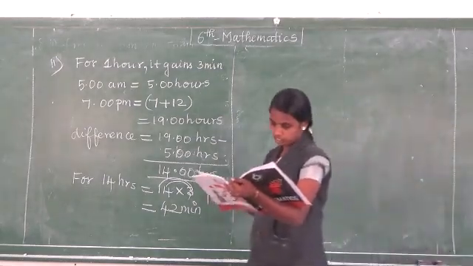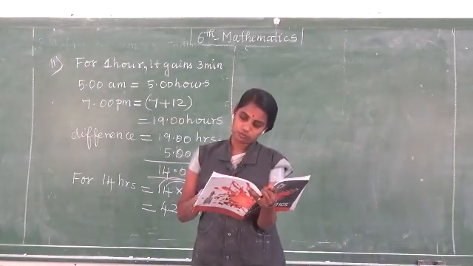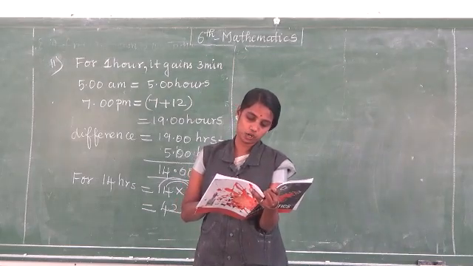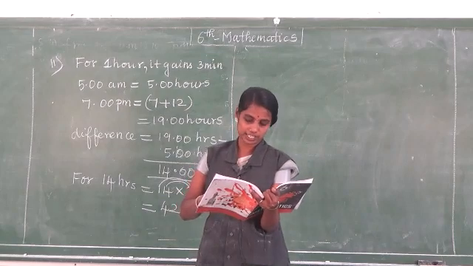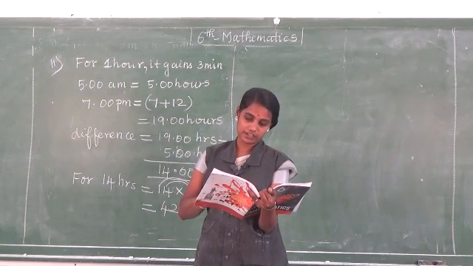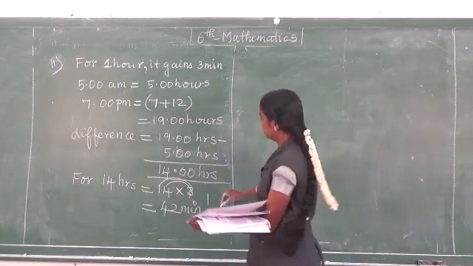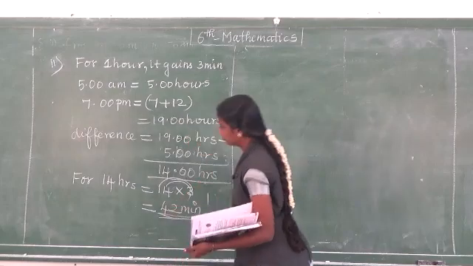The question is, find the time shown by the clock at 7 p.m. At 7 p.m. we know that it shows as 19 hours, 7 hours, but here the extra 42 minutes we have.